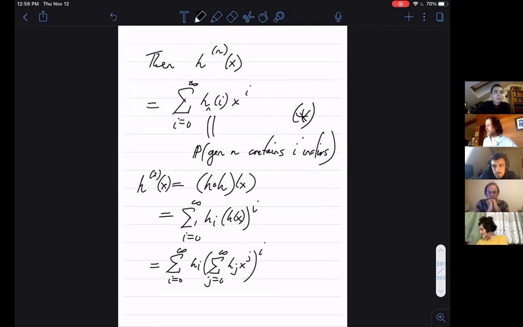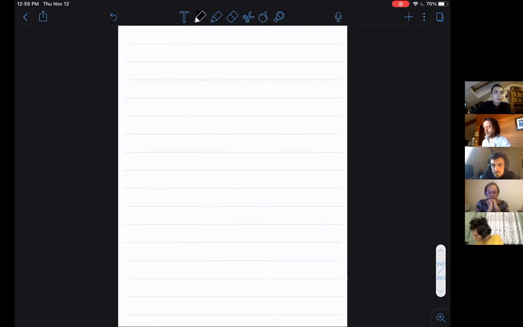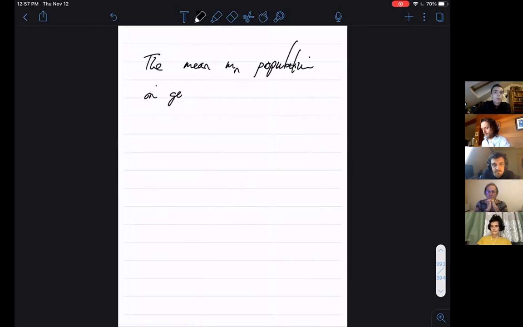Okay, so that means that we can do some computations about this. We can compute the mean number of children in generation n on this basis. Let's call that m_n. So this is the mean population size in generation n. That's given by the sum of i times h_n,i, where h_n,i was just my definition for the probability that generation n has i children.